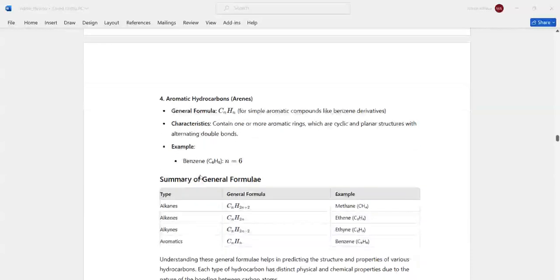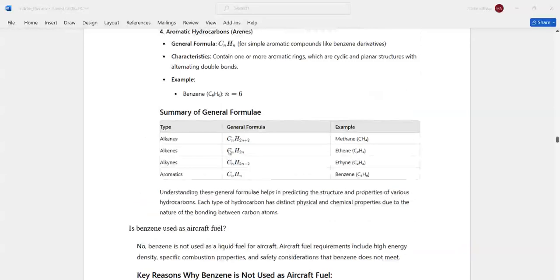Then now we have the aromatic hydrocarbons. These aromatic hydrocarbons are also called arenes, and the general formula is CnHn. These are the simple aromatic hydrocarbons. Take the case in point of benzene, this is going to be C6H6, and that would give you benzene.